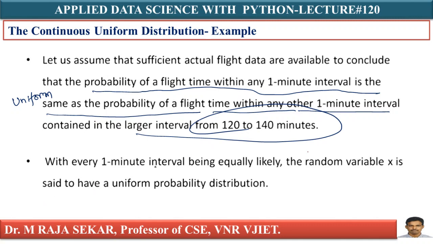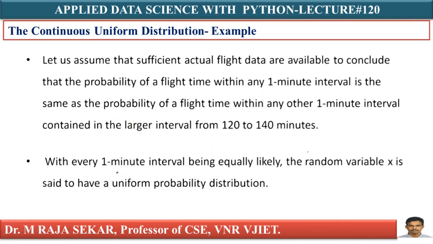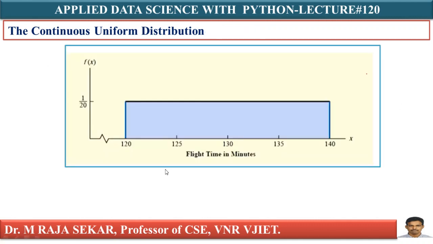With every 1 minute interval being equally likely, the random variable is said to have a uniform probability distribution. From the previous slide, we know it is a continuous distribution. Therefore, we can conclude it is a continuous uniform distribution.